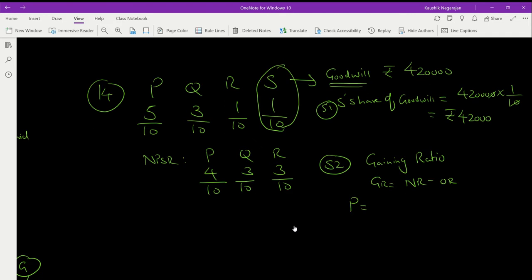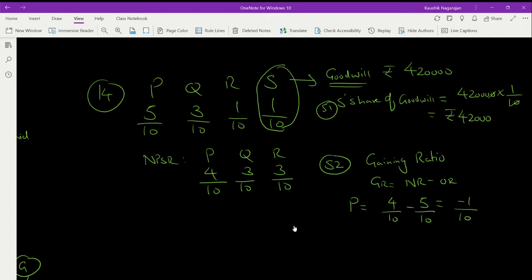For P, the new ratio is 4 by 10 minus the old one, 5 by 10. That gives 4 by 10 minus 5 by 10, that is minus 1 by 10. Since the bases are similar, we can do it without LCM.